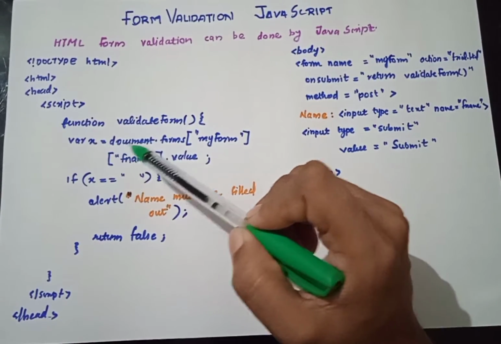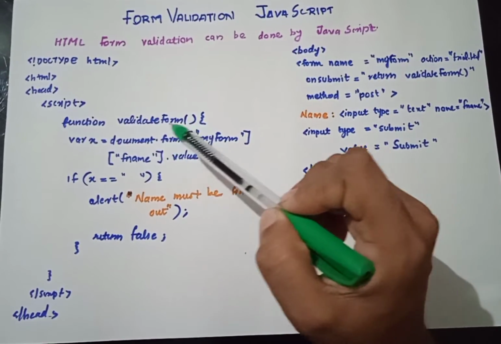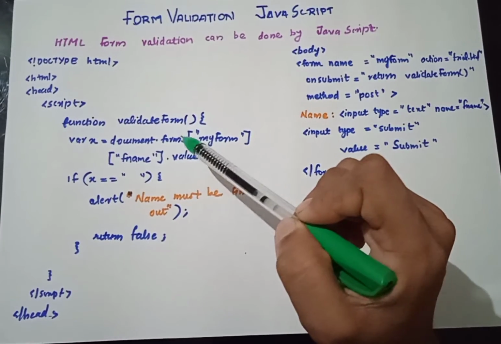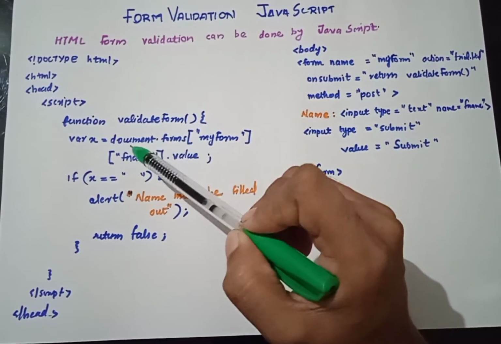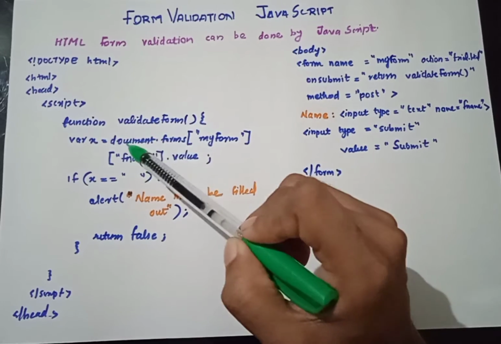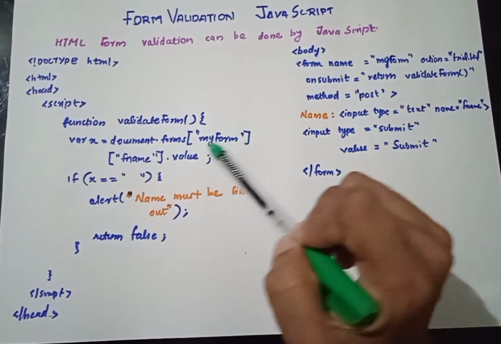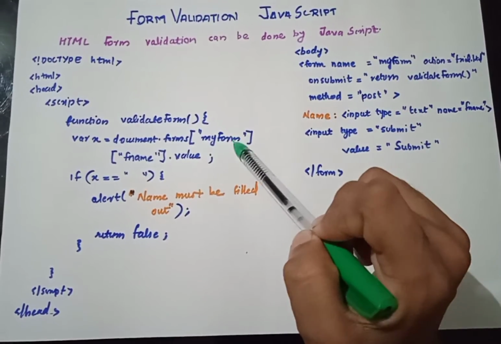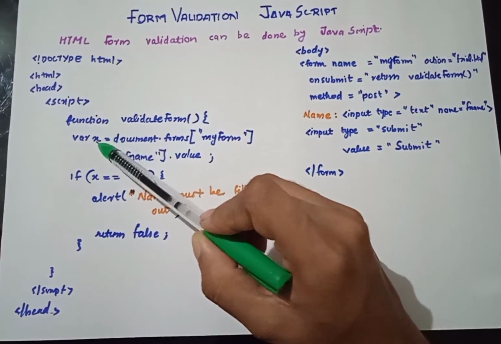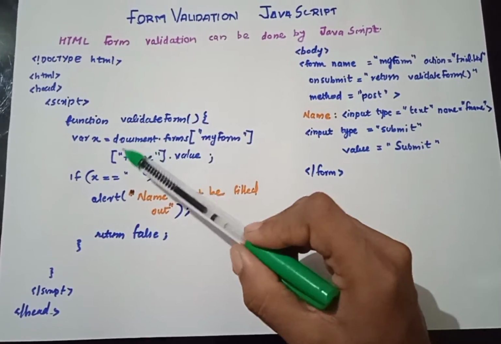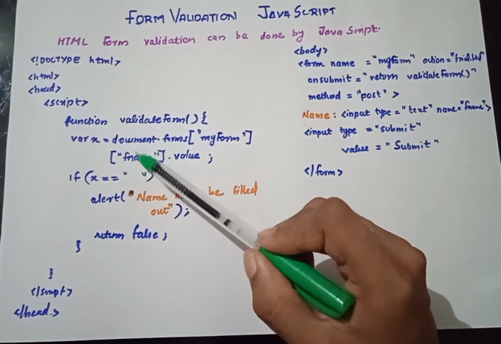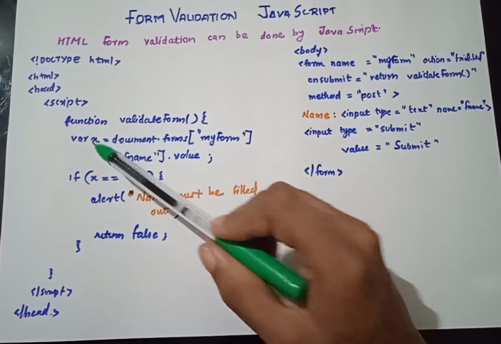is equal to document.forms. Since we are taking the values from the form, we should give it like this: document.forms, inside this, the form name, which is the form from where you have to collect the values to x, and the specific attribute from which the value should be stored.